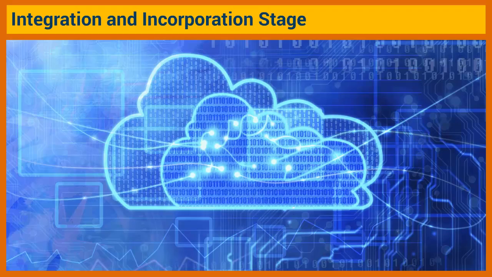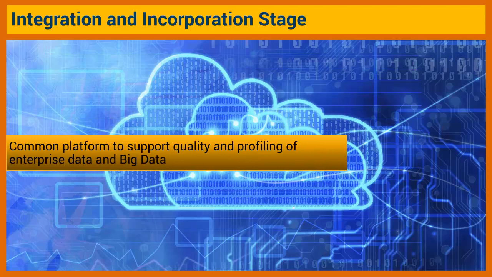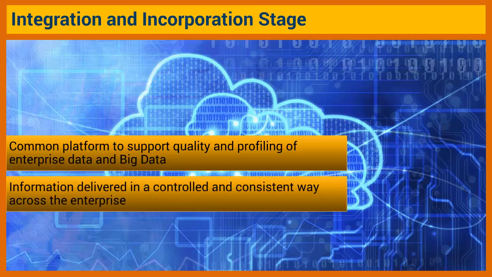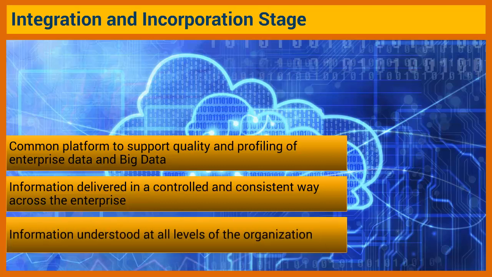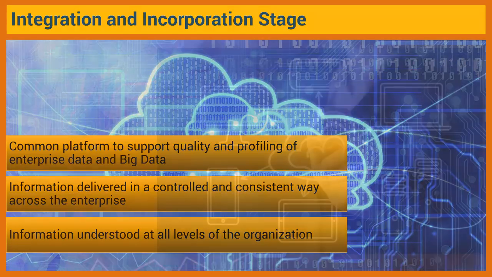Hence, with big data, data integration technologies will need a common platform that supports quality and profiling of both enterprise data and big data. Also, this information must be delivered in a controlled and consistent way across the enterprise, and must be understood at all levels of the organization, regardless of specific requirements of systems and applications.